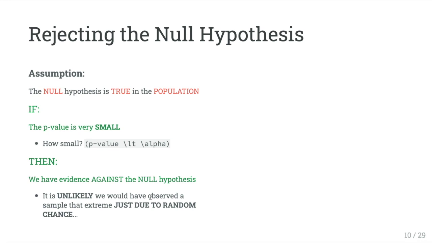We're just looking for evidence that that's not the case. In other words, it is unlikely we would have observed a sample that extreme just due to random chance if the null was actually true. It's possible, it's always possible, but it's unlikely.